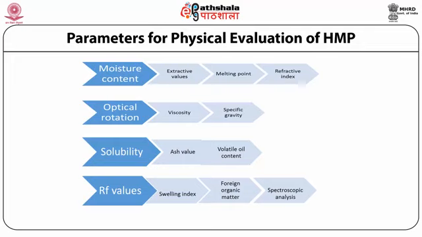This slide gives detailed information about some of the physical evaluation parameters that are applicable to herbal medicinal products. They include moisture content, extractive values, melting points, refractive index, viscosity, and others shown in this slide. These are properties associated with isolated compounds or specific compounds of herbal medicinal products.